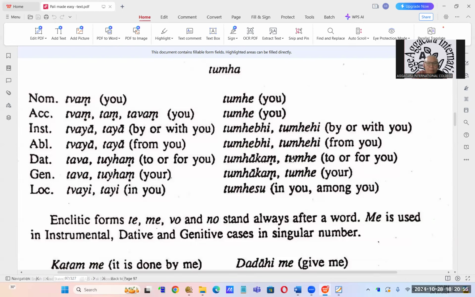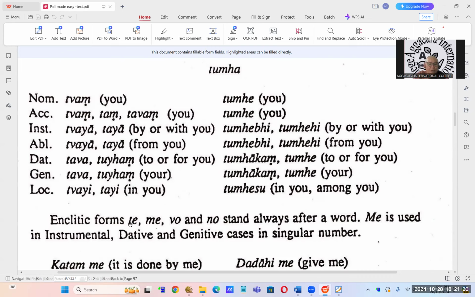So tumhākaṃ, tumhe. Now it's confusing because tumhe is here, tumhe is also here. You can see the tumhe here. It's quite confusing. So tayi and tai. This means that when you see this form, we call it simplified. You just drop the v, so you got tvaṃ, tai, and tumhesu.